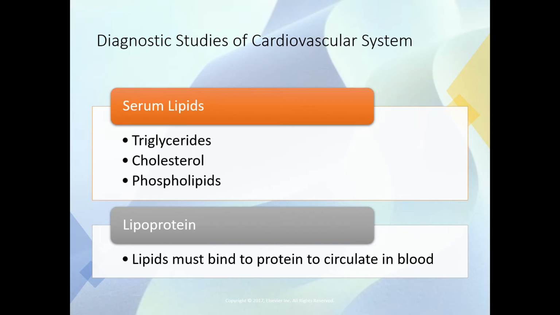Now the serum lipids flow throughout the blood, and they're bound to a protein, and that's why they call it a lipoprotein, right? That's what fats are. They bind to a protein. And apoproteins are just water-soluble proteins that combine with most of the lipids to form the lipoproteins.